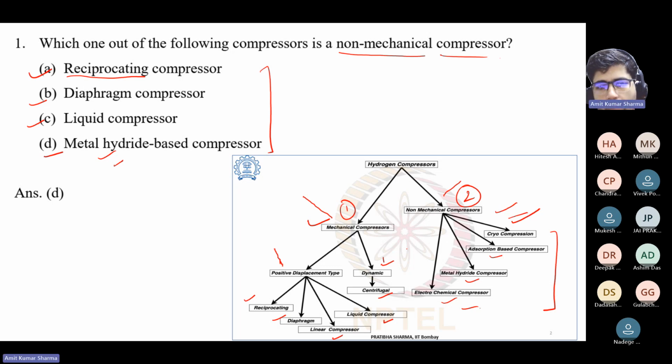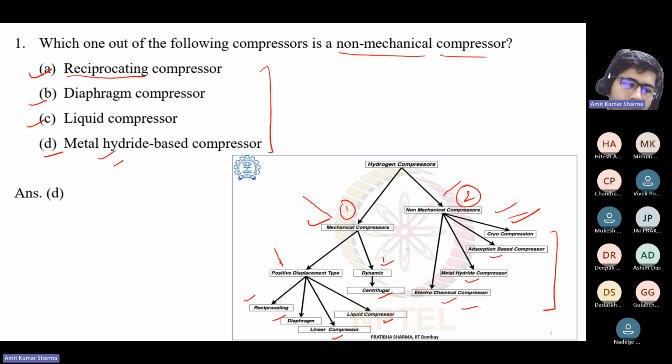So what is the basic similarity in these reciprocating, diaphragm, linear and liquid compressors? What are the similarities in these four? What is happening in the reciprocating?